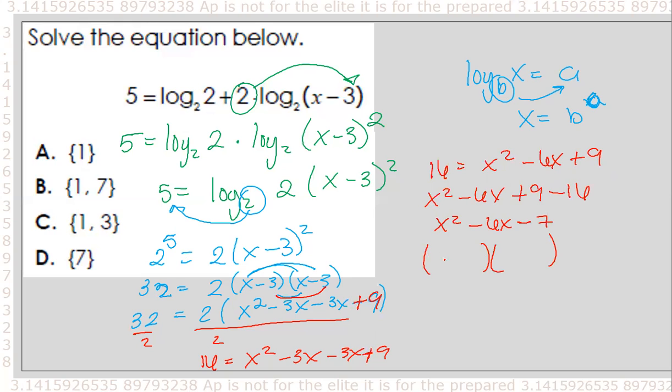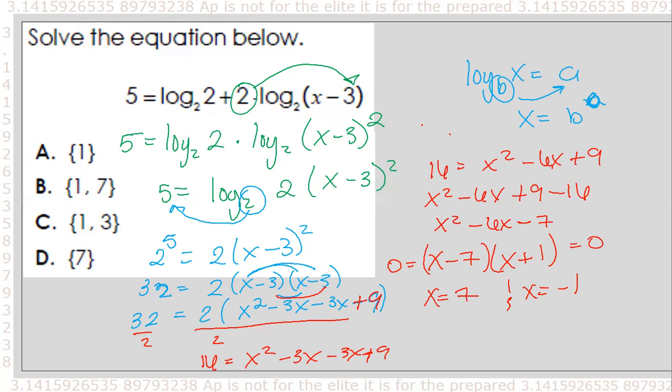Hopefully you said x minus 7 and a positive 1 to go ahead and give us this factor. And we set each one equal to 0, we get x is equal to 7 and x is equal to negative 1, right? If we set each one of these factors equal to 0 and solve, we can see that x is 7 and x is negative 1.